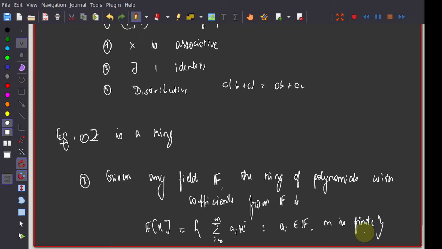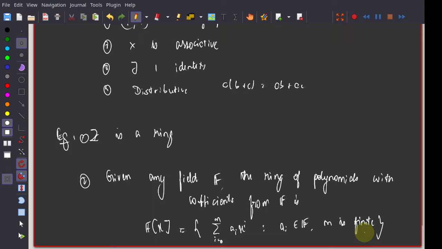But m can be arbitrary, it need not be fixed. I'm not fixing m at the moment. So it is the set of all a0, a0 plus a1 x, and also a0 plus a1 x plus a2 x squared, and so on.